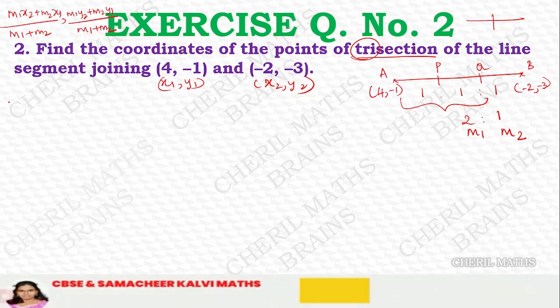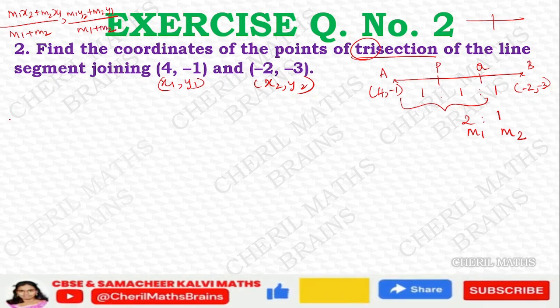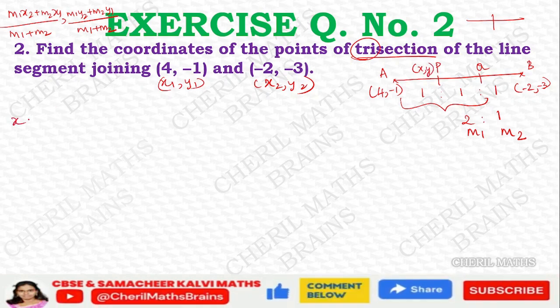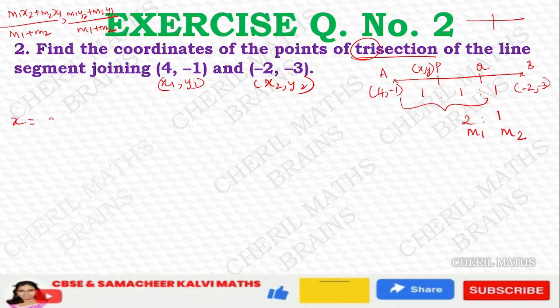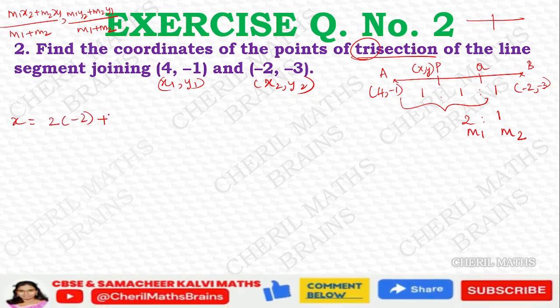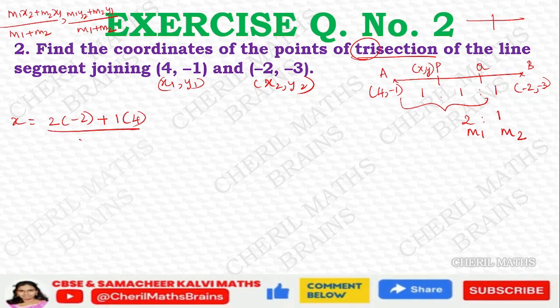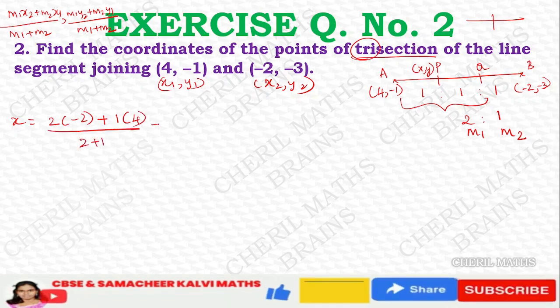Now we substitute the individual values for this point. The coordinates I am taking to be x comma y. What will be my x coordinate? m1 x2: m1 is 2 and x2 is minus 2, plus m2 x1: m2 is 1 and x1 is 4, divided by m1 plus m2, which is 2 plus 1, which is 3.